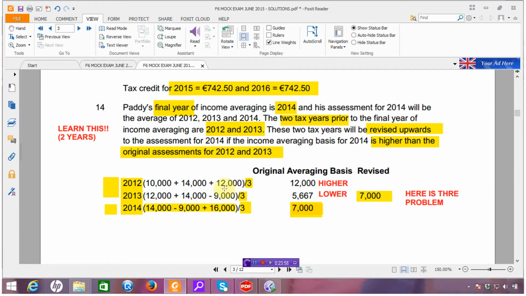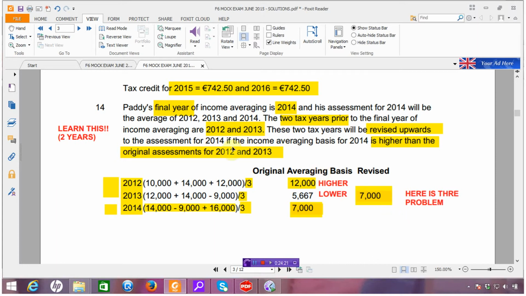So if you look at the assessments, again, these figures are just given in the question, you'll see that 2012 was okay because it was higher than 7,000, but 2013 wasn't okay because it was lower than 7,000. Therefore, the final, or indeed the revised assessment for 2013 has to be 7,000.